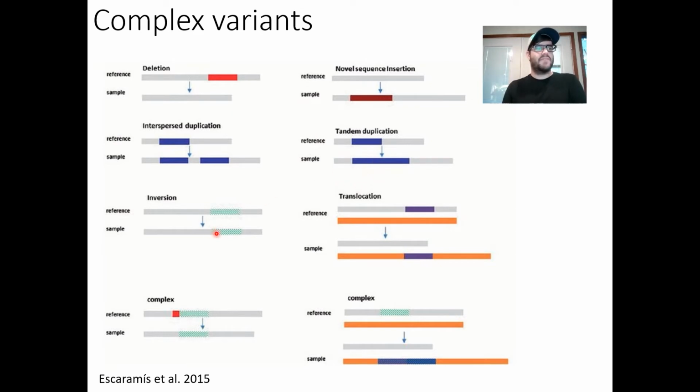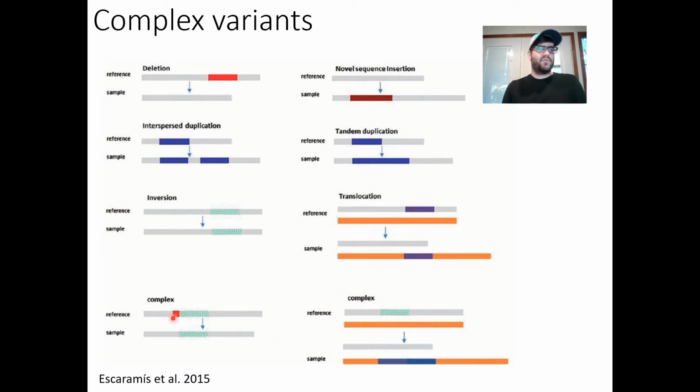You could have an inversion, where this chunk of DNA is maybe going in this direction here, left to right, in our reference, and then in our sample it's going right to left. And so that can also be an issue during meiosis. We could have a translocation, where we have a big chunk of DNA that moves from one region of a chromosome or one chromosome to another chromosome.